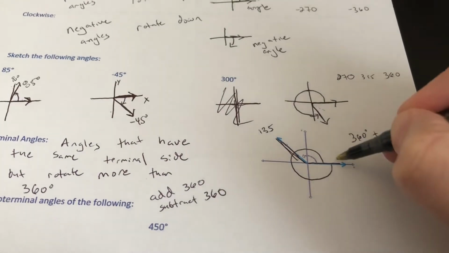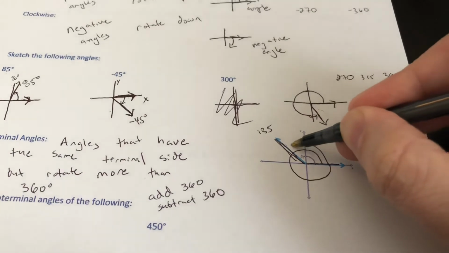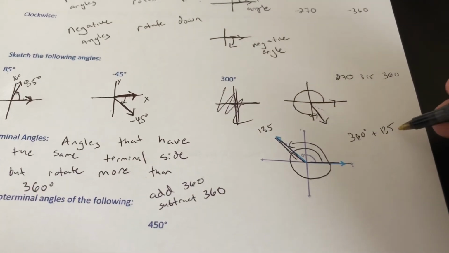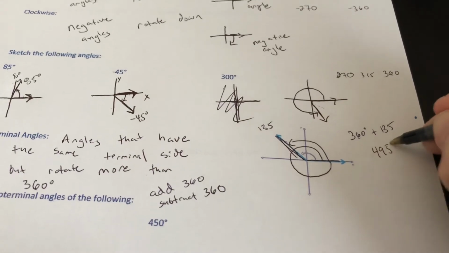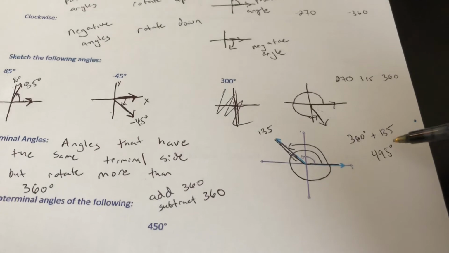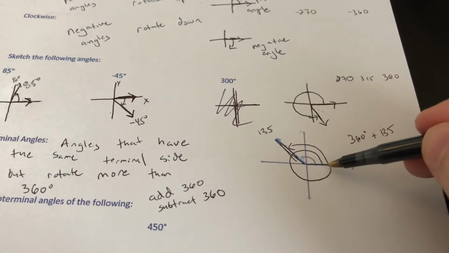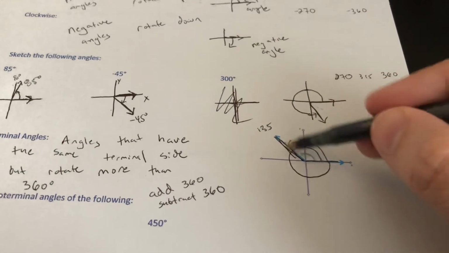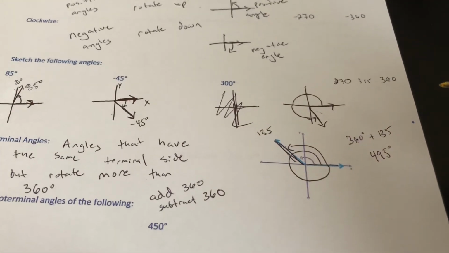And then I add 135, I'm going to end right here. Well, 360 plus 135 is 495 degrees. So if you rotate 495 degrees, I go all the way around the circle, and then I go 135 more, I'm going to end the same exact spot as I would if I just went 135 degrees. So that's what a coterminal angle is.